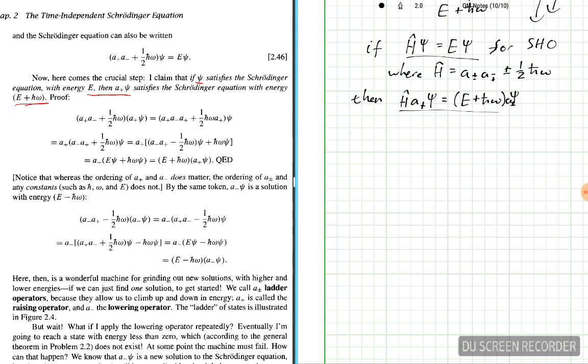So let's start, we could do it either way, but I'm going to do the positive values. So we're going to do A plus A minus plus 1/2 h bar omega acting on psi equals this. So this is our first statement.